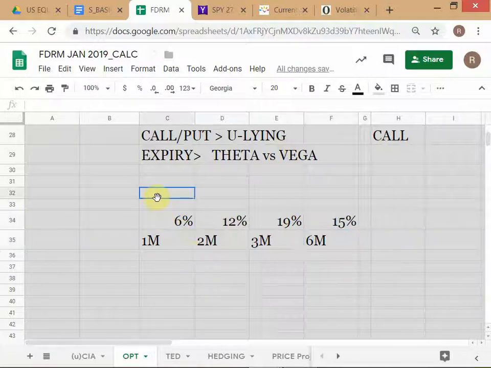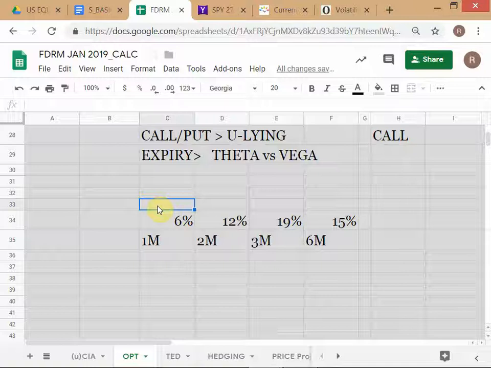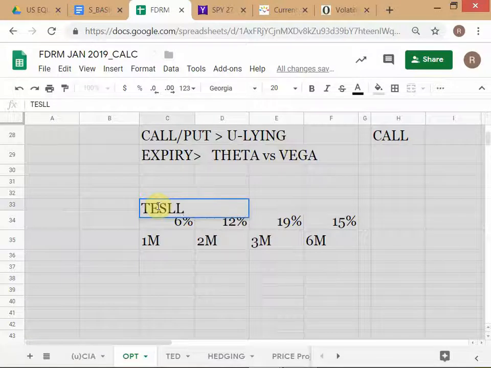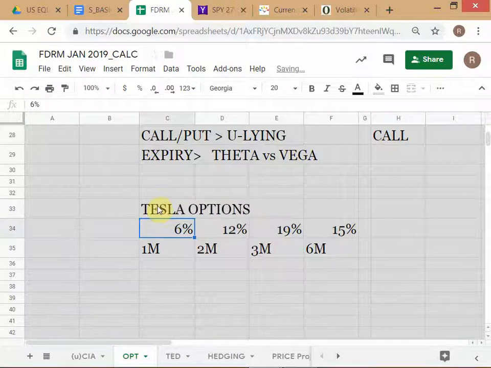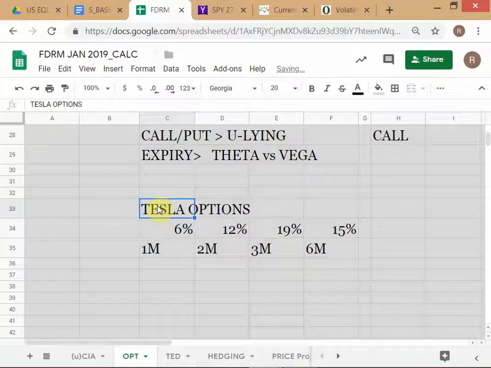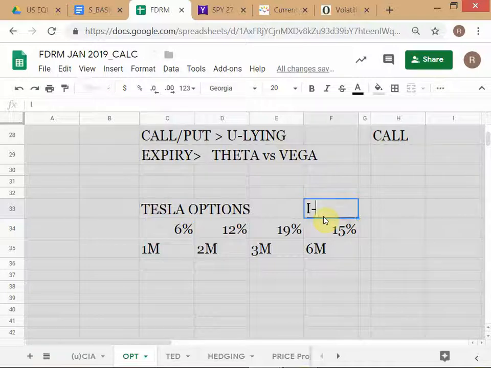Let's say this is the chart that is there in your Tesla options, in your notes in the earlier module. I looked at Tesla options, both calls and puts, and I find that this is the Tesla options eyeball.